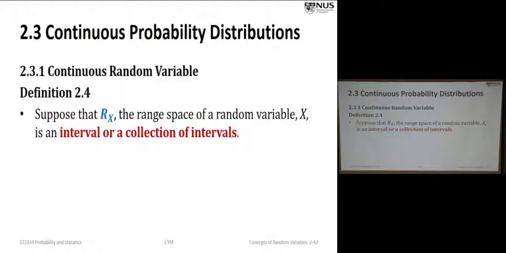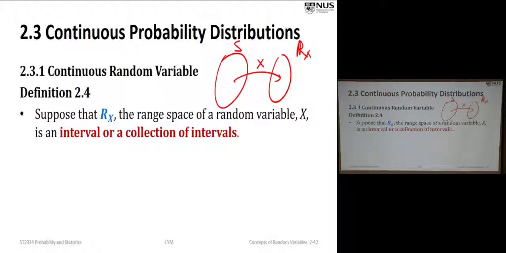What it means is that you recall what a random variable is: it maps a sample space to the real line, or I call it Rx. Through this, I link up the sample points to the values. So if the range, that means all the possible images, basically falls in an interval.